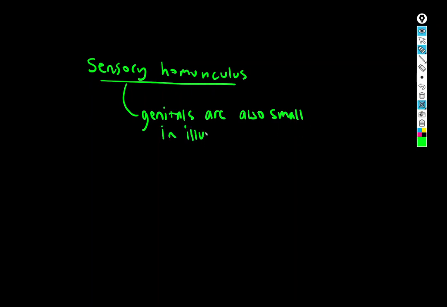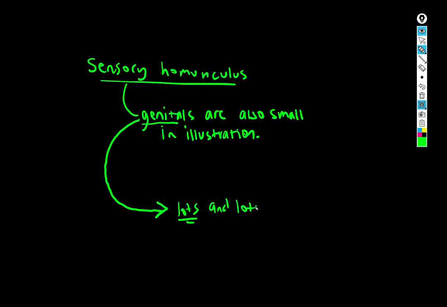And this doesn't make any dang sense because, as we know, our genitals are part of our sexual response organs and they experience lots of sensations, the genitals have lots and lots of receptors. So why aren't they illustrated the appropriate size given the density of receptors that exist there?